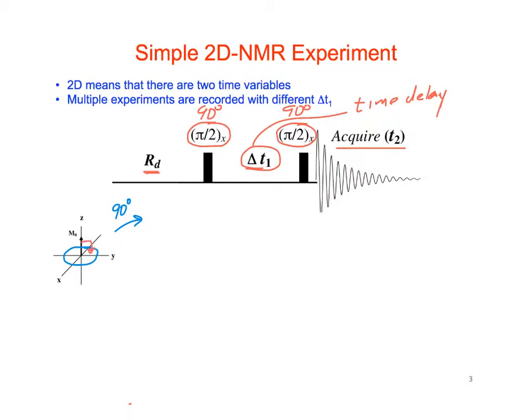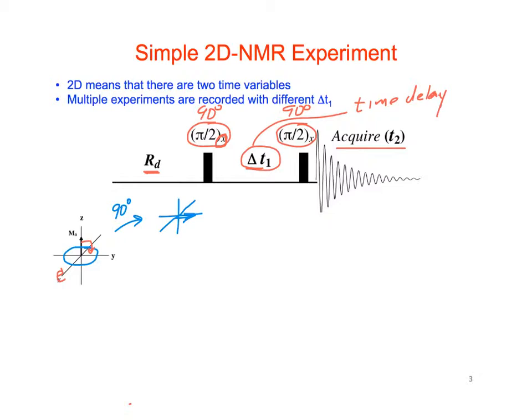Here it says pi over 2 is a 90 degree, and it says on the X axis. So we're going to curve it around the x-axis, and it's going to go down into the plus y direction. So our magnetization is going to be in this direction here.